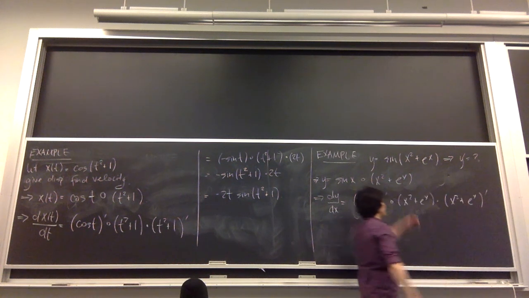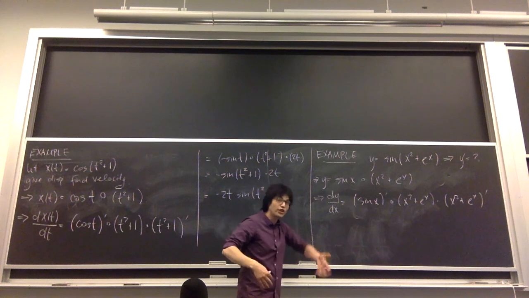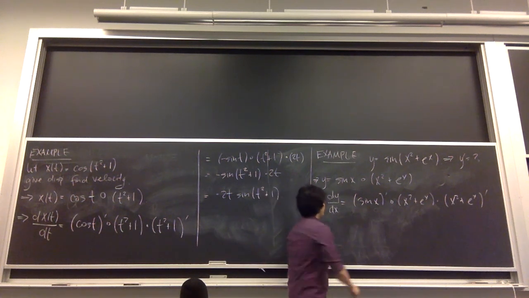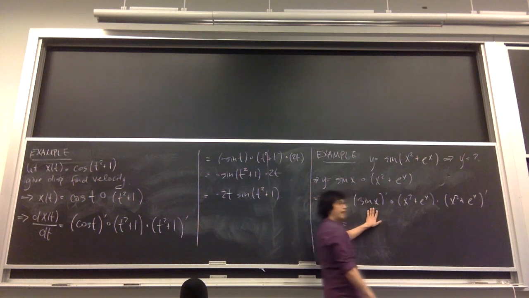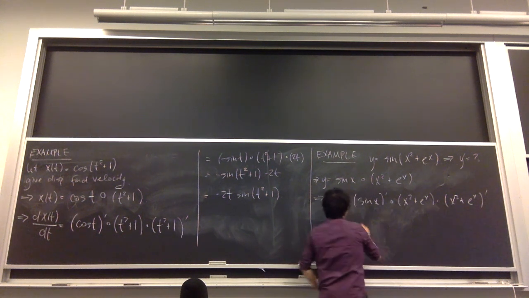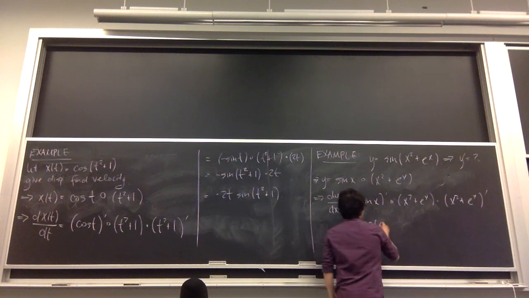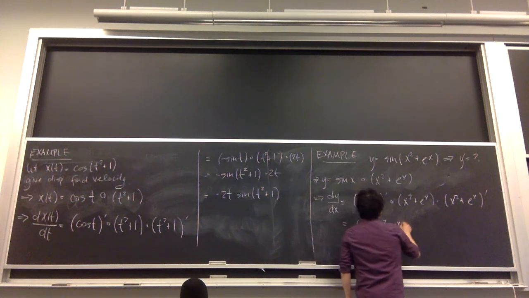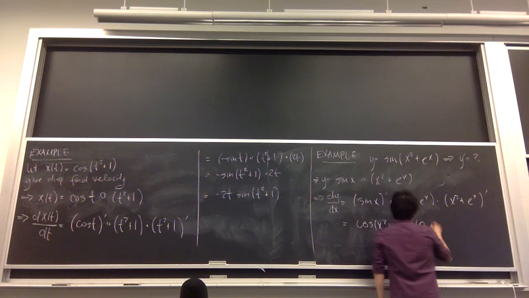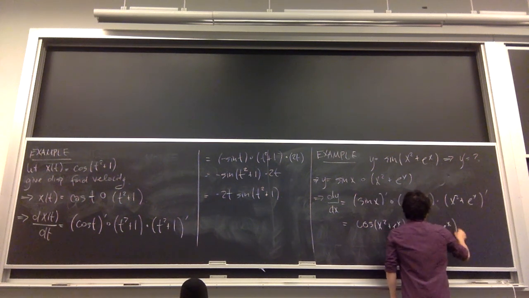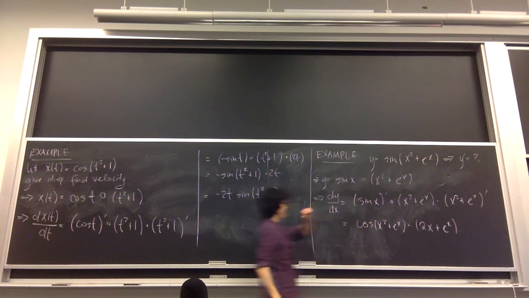Many of you were able to skip this line, and we should strive to skip as much detail as possible. So I'm going to start skipping details immediately. What is the derivative of sine? Cos. So I'm going to do cos of x squared plus e to the x multiplied by the derivative of this: 2x plus e to the x. So that's the derivative.